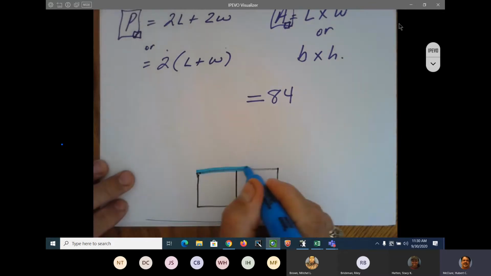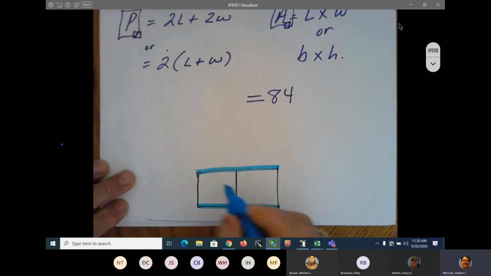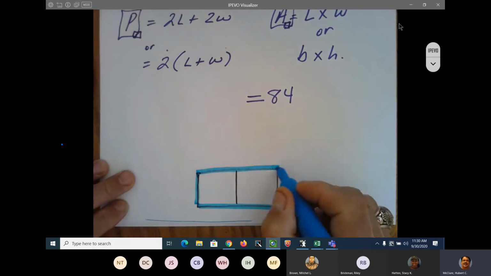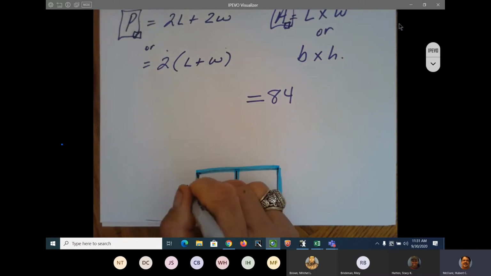He's going to fence in this side, this side, this side, this side, and this side. Everybody with me? So there's 5 sides instead of 4 sides. So we're going to have to incorporate that third side. And let's say this is X.